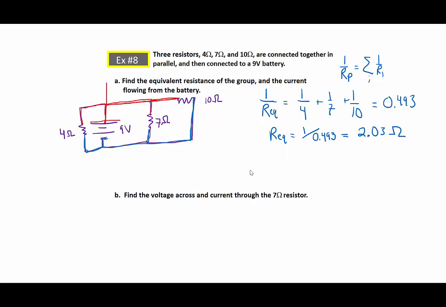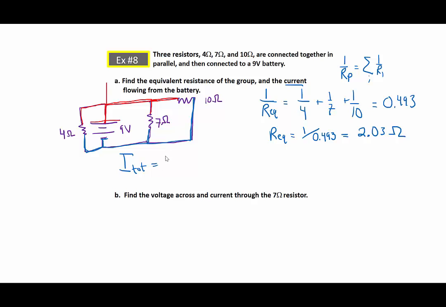Okay, then the question says, find the current flowing from the battery. The battery is pumping out electrons through all these paths. I want to find the total current going through the entire battery.